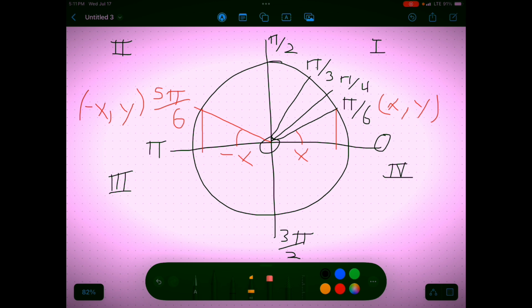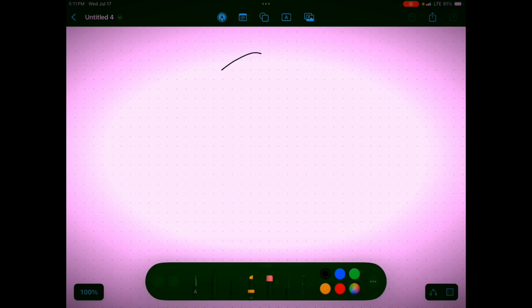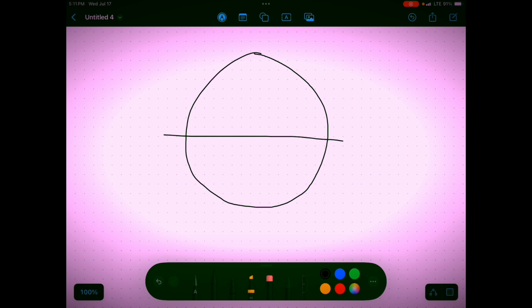Okay, let us make another circle. And this time, instead of putting the angles down, I'm just going to put what the x and y coordinates are. So our quadrant angles, those are pretty easy. 0 corresponds with 1, 0, x value of 1, y is 0.